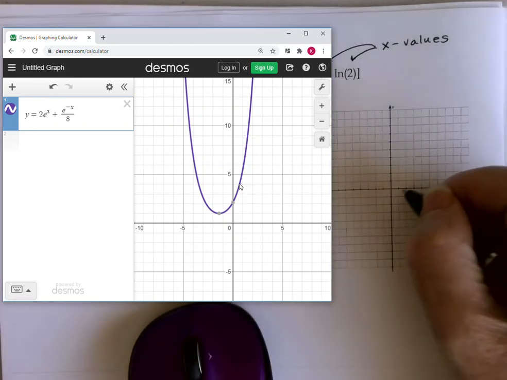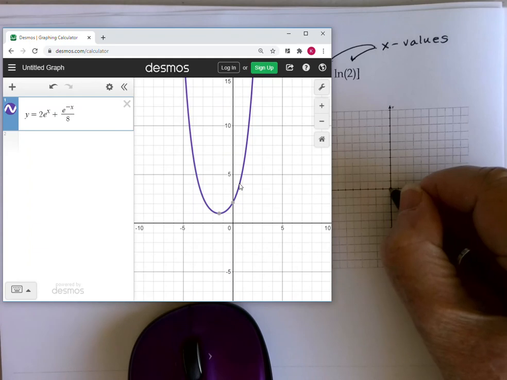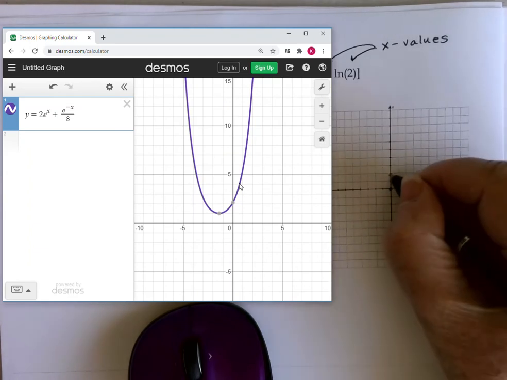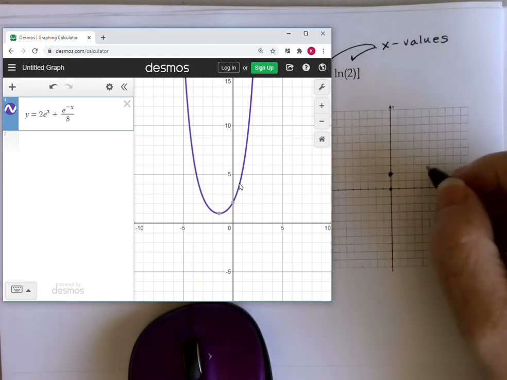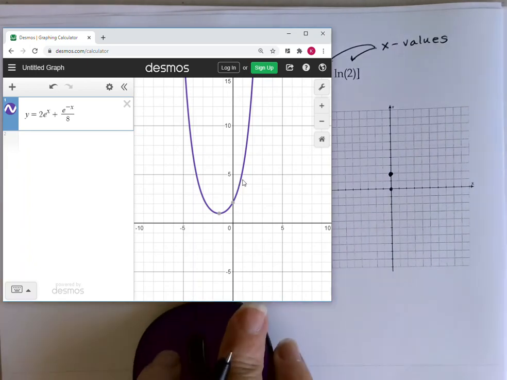So let me sketch that. At 0.69, we were at about 4.05.